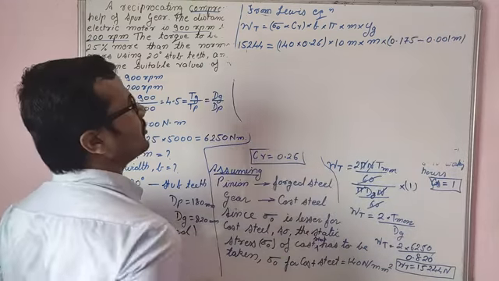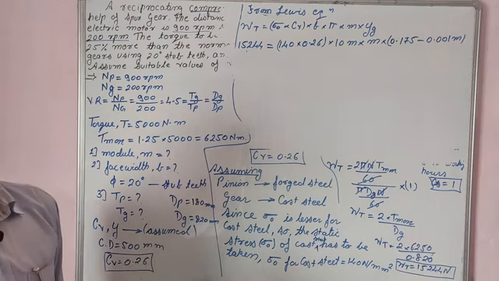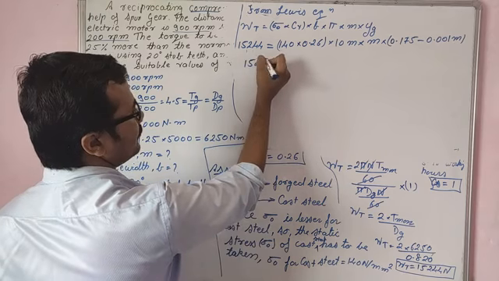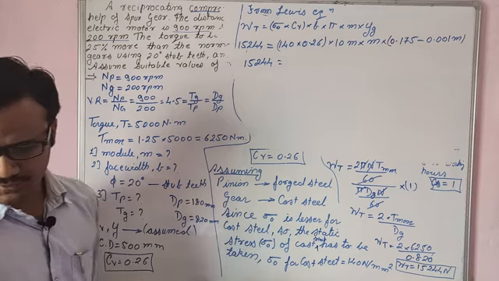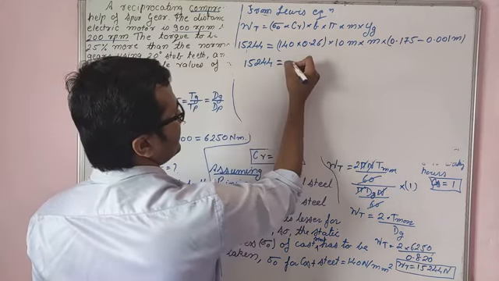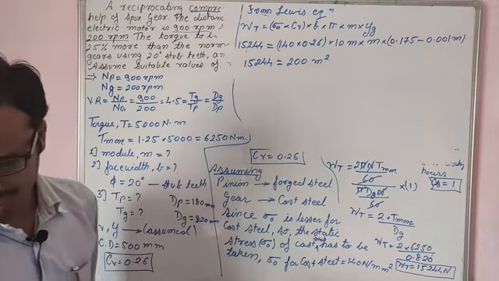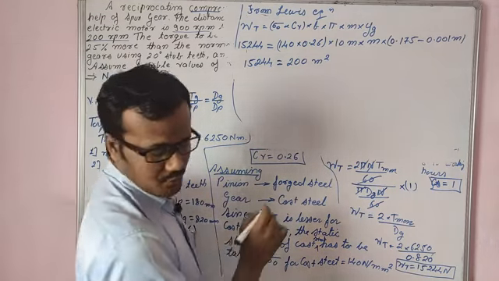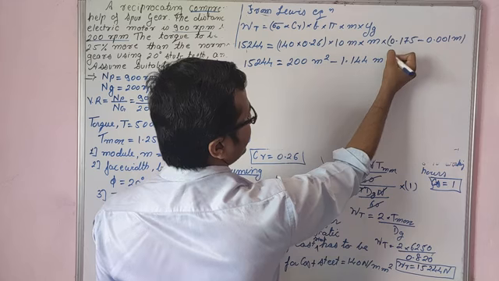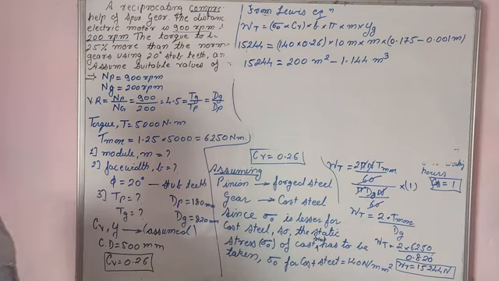So this was the whole value of yg, and when we solve all this, we get the expression 15244 equals 200 m square minus 1.144 m cube. Here m multiplied with m gives m square, and multiplying with another m gives m cube.